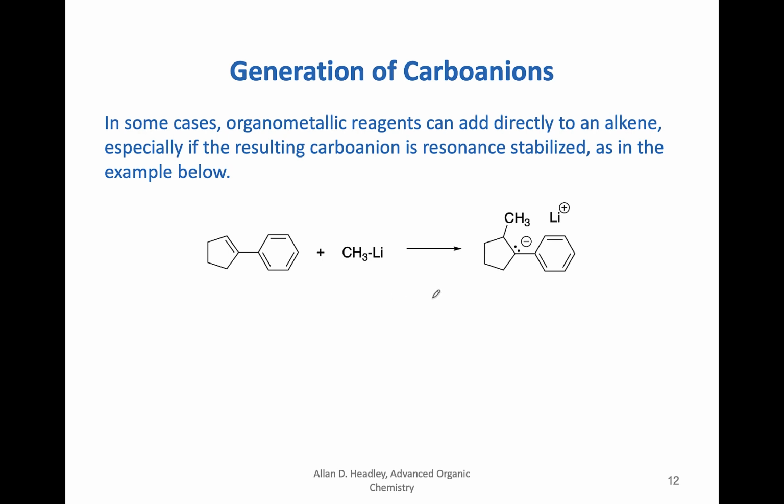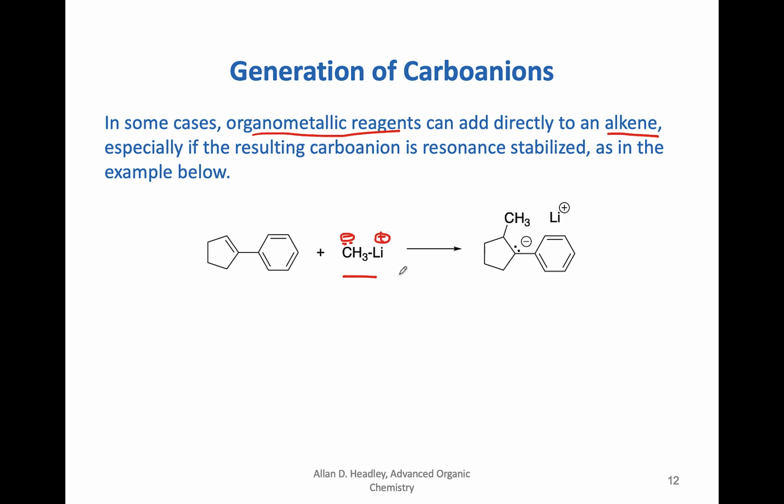Let's look at another example of generating carbanions. In some cases, the organometallic can react with an alkene. So we have an organometallic reagent reacting directly with an alkene. Here's our organometallic. Remember again that this is carbon that's bonded to lithium. So in essence, we have the anion here and the cation here.